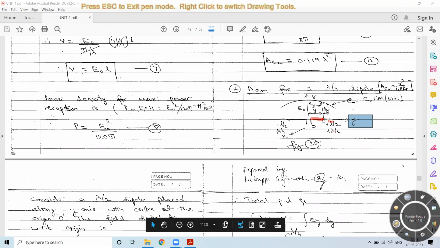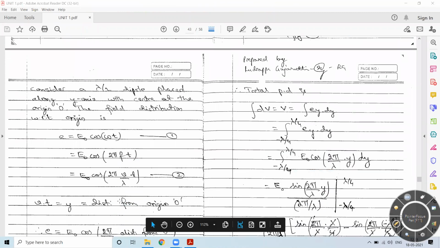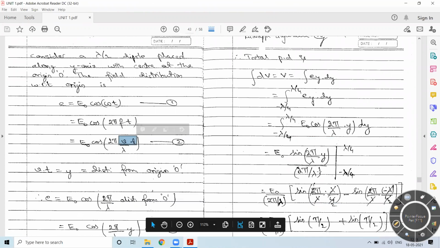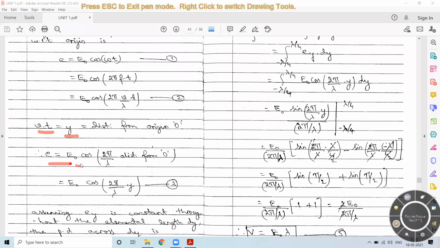So the value of y will be decided by this v into t parameter. Therefore, we replace v into t with the y parameter, similarly as we had done for the previous case. Once we replace v t with y, we get E as E naught cos 2 pi by lambda into y.